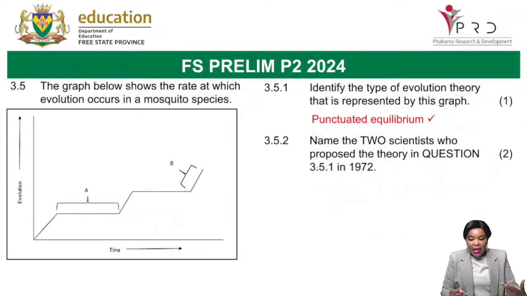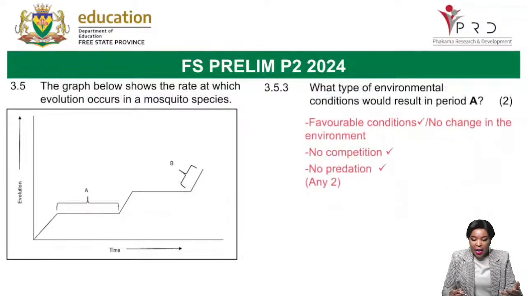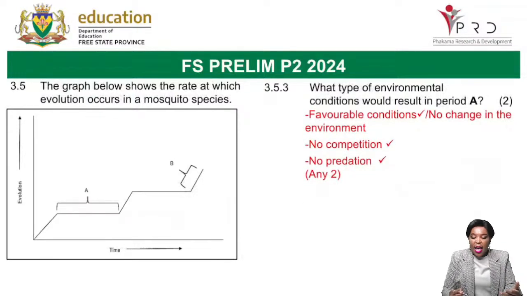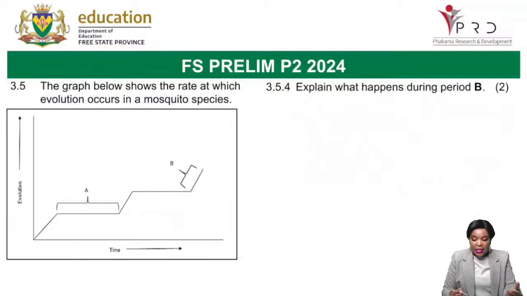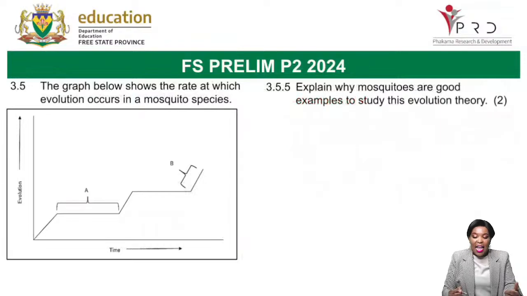Go and practice, check the marking guideline, because I have taken the questions that you were faced with in your preliminary question paper. Check how we've answered those questions and practice, practice, practice. There is no way that you are going to pass without practicing. It does not end here.